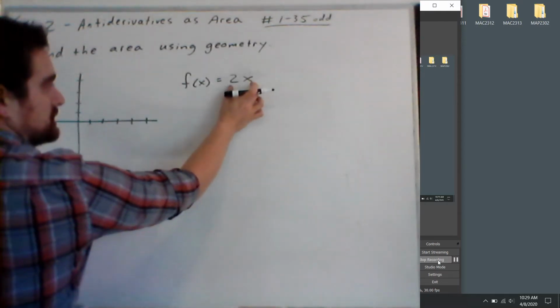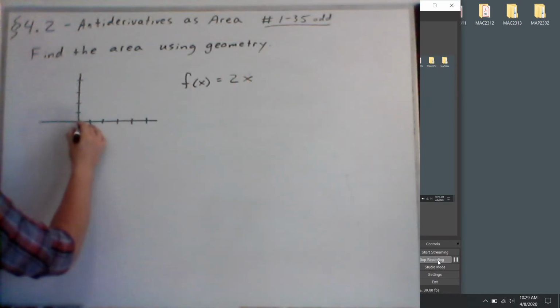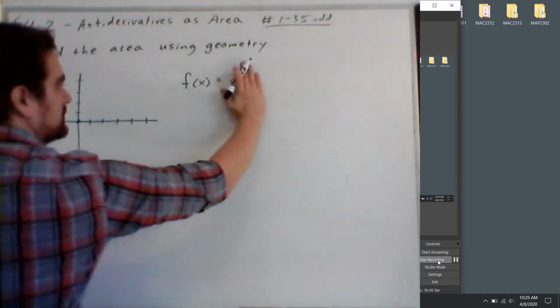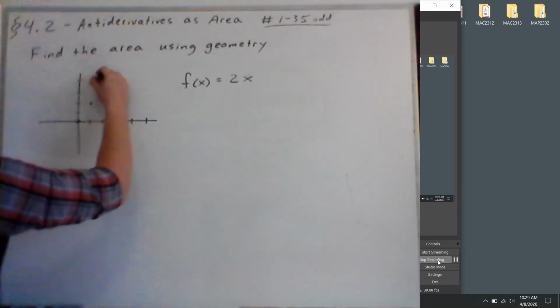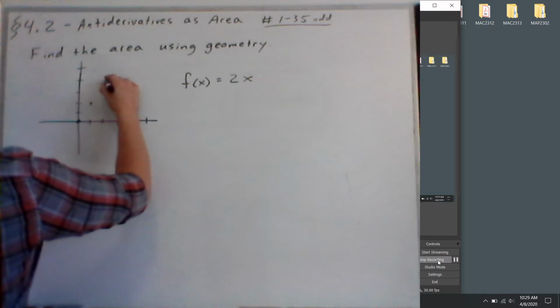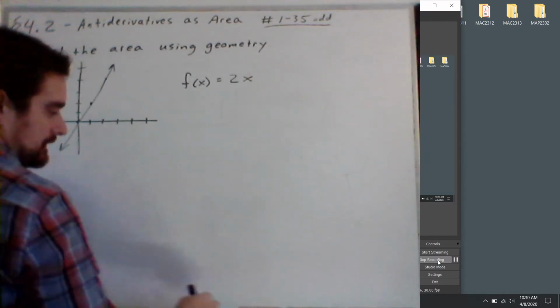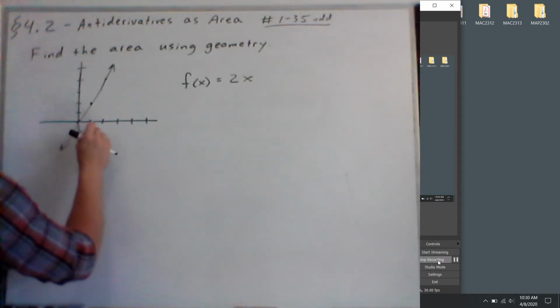This function, y equals 2x, is a linear function passing through the origin, and it has a slope of 2. If I differentiate this, I get 2, so its rate of change is always 2, aka its slope is always 2. So there is our function, and let's say we want to find the area from 0 to 2.